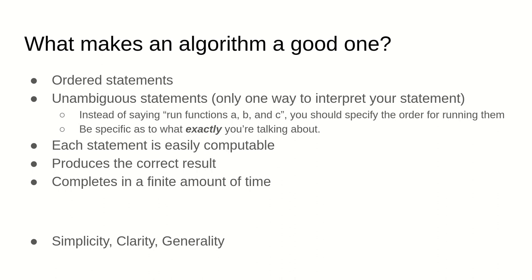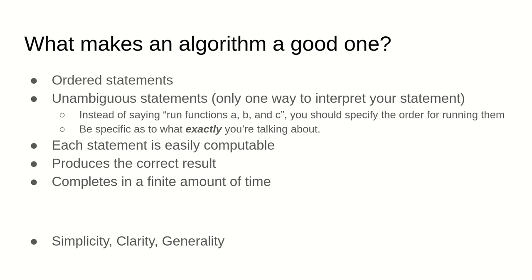It should not take forever for your algorithm to run and solve the problem at hand. And this is where we should avoid things like infinite loops and anything else that will cause our program to just wait forever, like waiting on a network connection or user input that may never come.